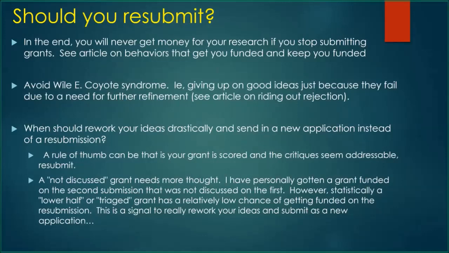While the prior reviewers may or may not be assigned to it, no matter what, the prior reviews are not following you. This is a very situational thing, but often the better part of valor, if your grant did not score well on its first submission, is to just start over, rework the application drastically, and submit it as a new application.